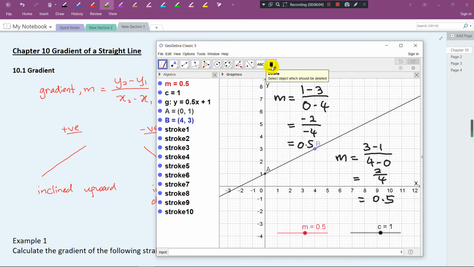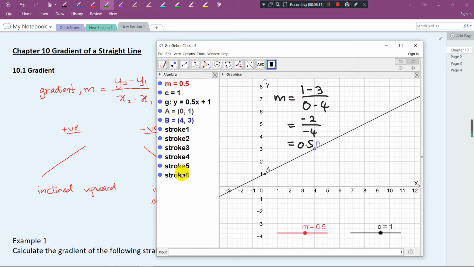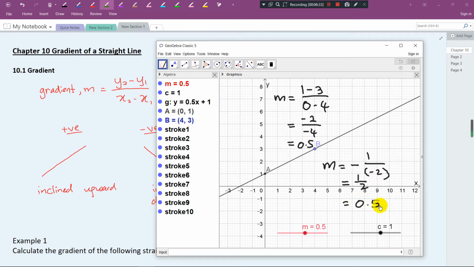Let me erase this first. m is equal to negative y-intercept, which is 1, over x-intercept, which is negative 2. Negative negative will give you positive. 1 over 2 is actually equal to 0.5.